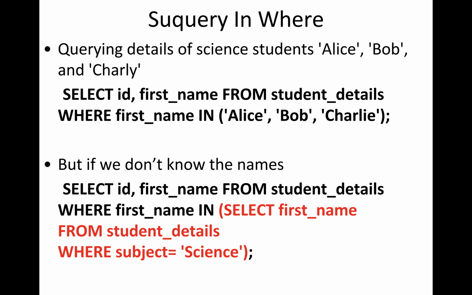So here, for instance, we are asking: select for me all the first names of the folks that are in the student details. But notice that we're hard coding the names of the people.